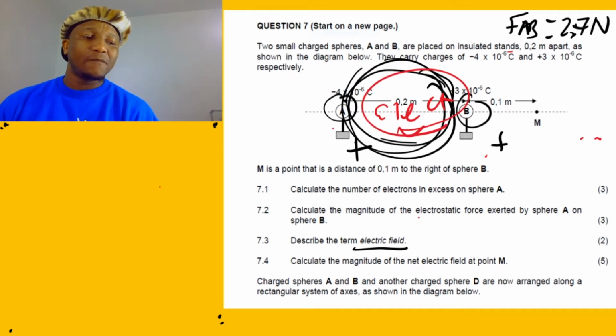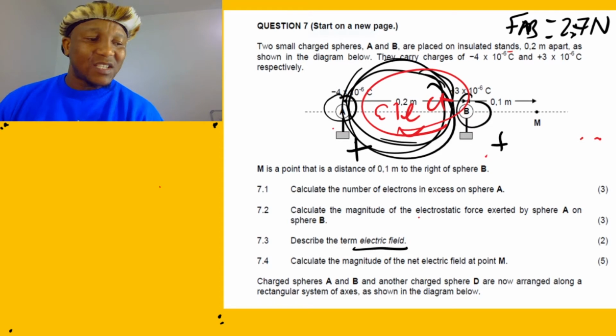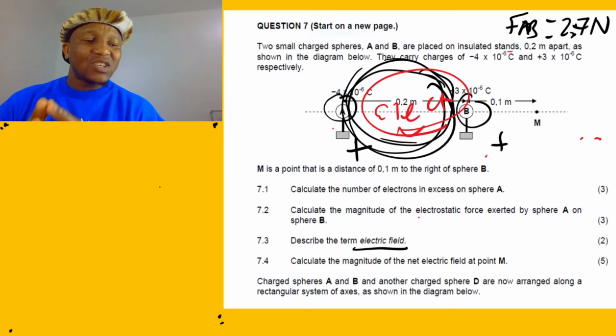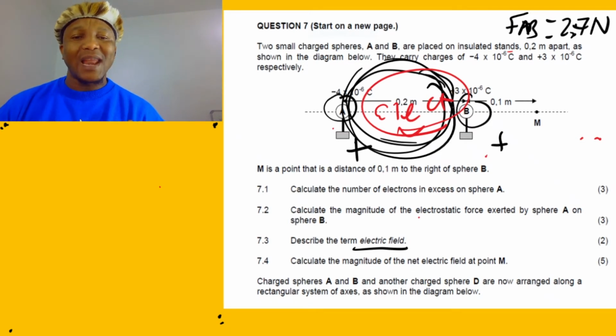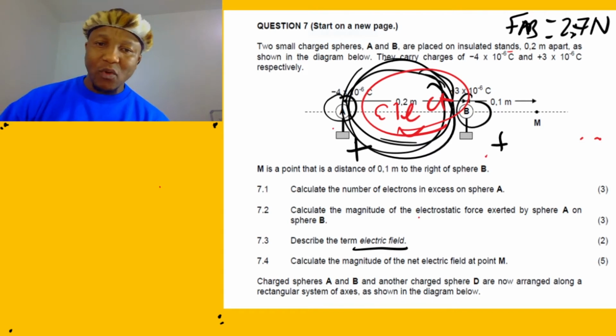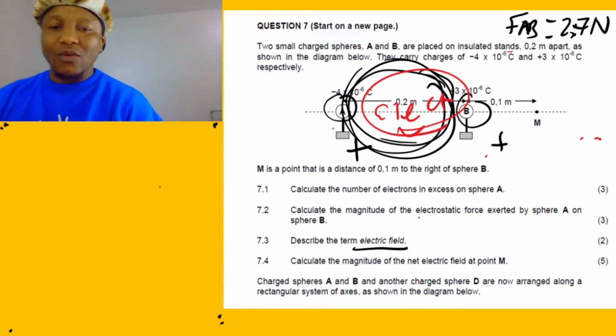So we say this is a region in space where an electric charge experiences an electric force. You can simply check in the books, but let me give it to you.